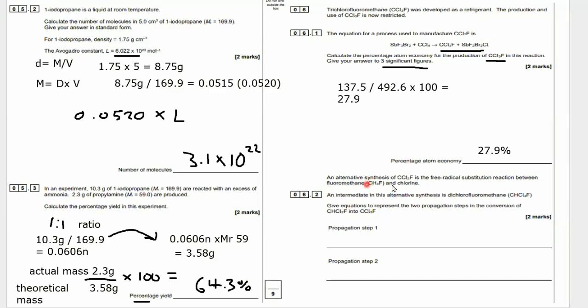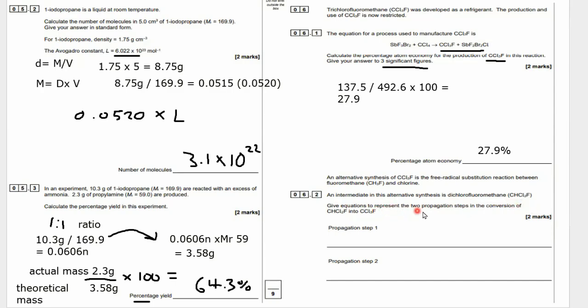An alternative synthesis of CCl3F is the free radical substitution reaction between fluoromethane, CH3F, and chlorine. An intermediate in this alternative synthesis is dichlorofluoromethane, CHCl2F.